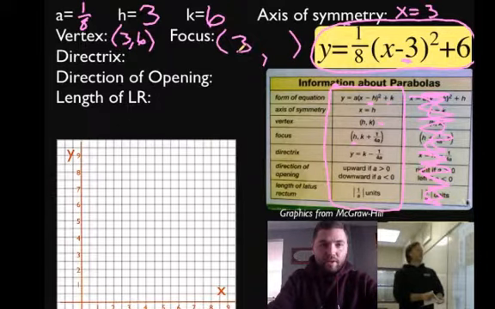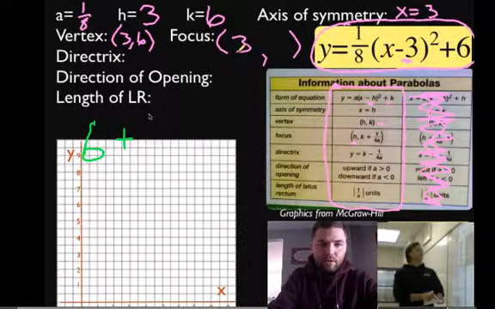So that's going to be 6 plus 1 over 4a. Well, I think that's 4 times 1/8.